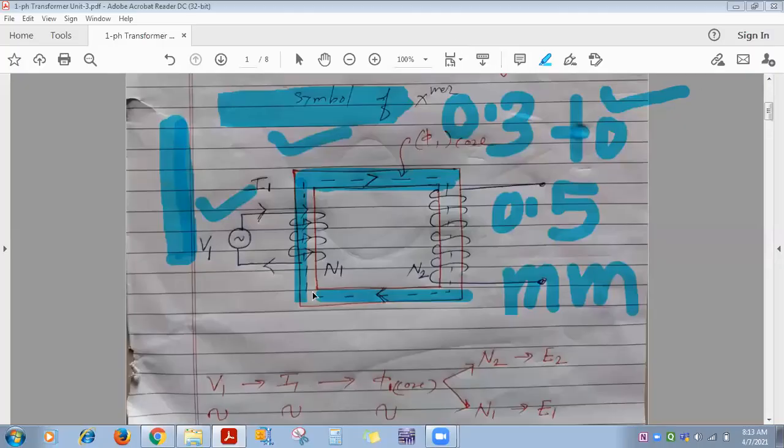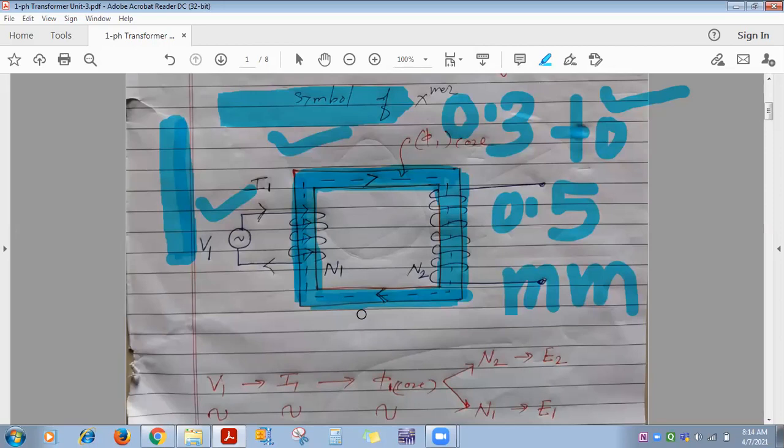Thin silicon steel plates of thickness 0.3 to 0.5 mm, with varnish on both sides as insulation, are stacked together, and the square or rectangular magnetic core gets manufactured. So this magnetic core is not solid, it is laminated.